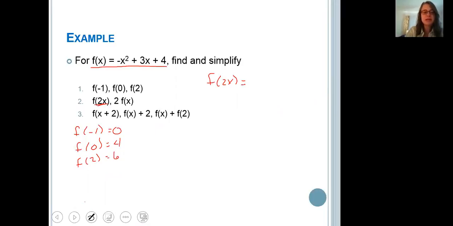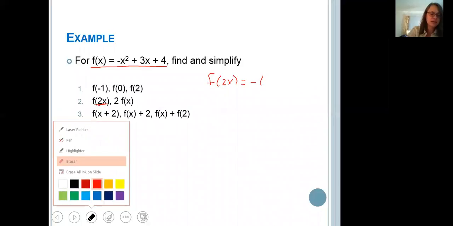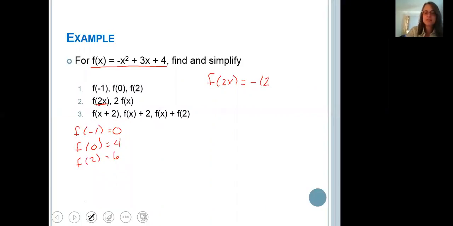That's going to be negative 2x squared plus 3 times 2x plus 4. See what we did? We went back to our functional definition and replaced all of our x's with 2x because that's where we're evaluating our function.